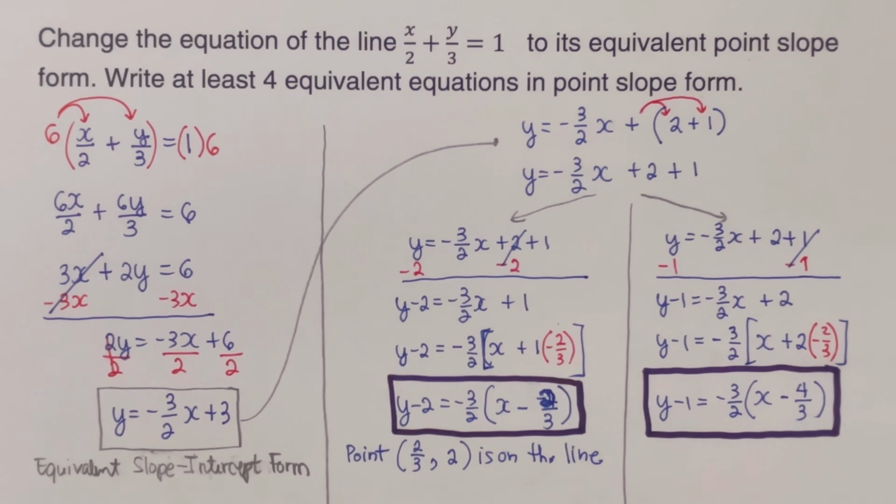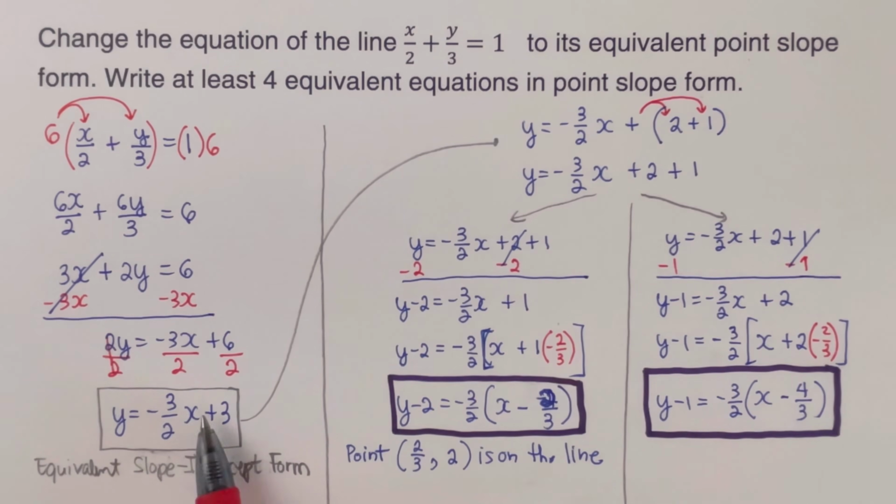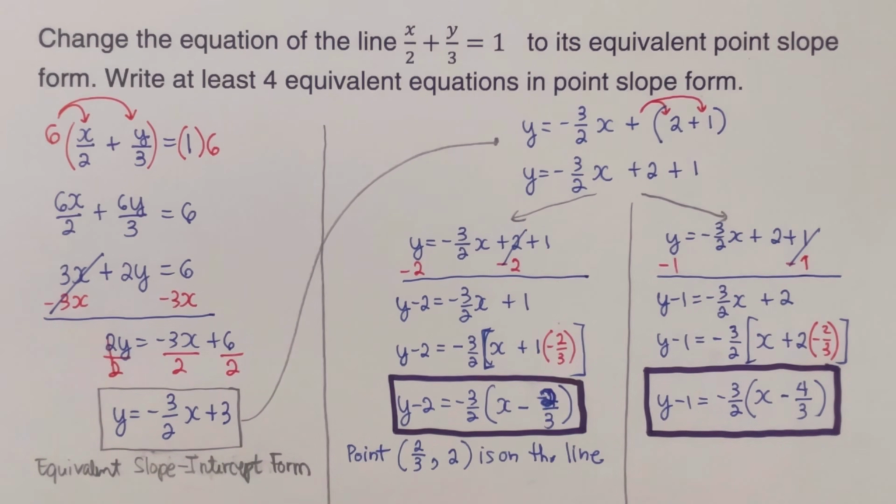So these 4 equations that we have here, this two intercepts form, this slope-intercept form, and this point-slope form that we have here are all equivalent, meaning if we graph all these 4, they will be the same line. So I'm going to go ahead and say that 4/3 comma positive 1 is on the line. So I'm going to go ahead and label that down here.